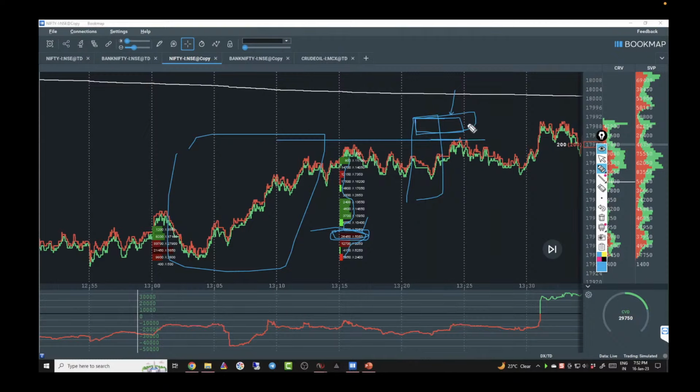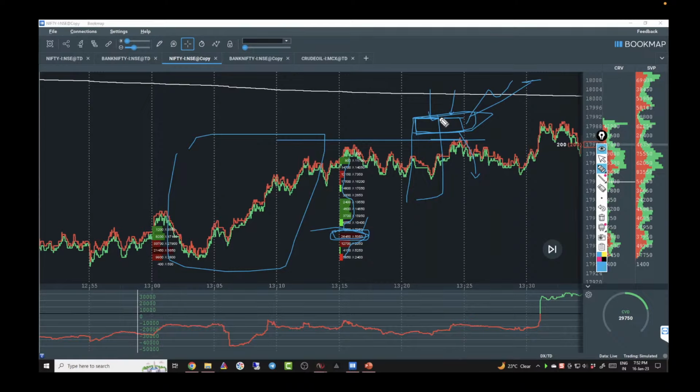Assume if the market is sustaining above this particular level after the formation of this information, then that's a good sign. We can look for a breakout opportunity and we can look for a long trade. But in most cases, if this happens, price again retraces back. That is an indication, or that's a validation point for us to get the confirmation of the false break.